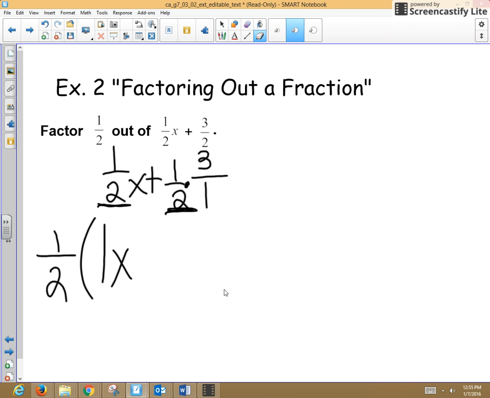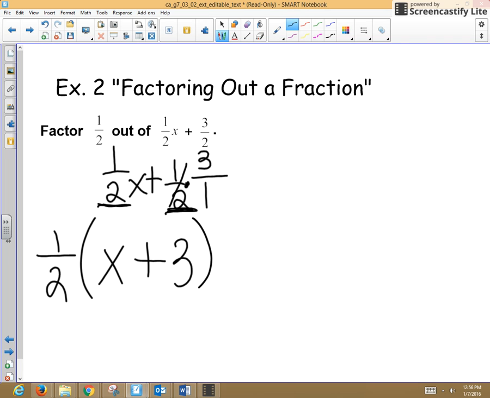Remember, I don't need to show invisible 1, so I'm just going to show this as x. Plus, keep the same sign. Now, 1/2 goes into 1/2 exactly 1 time. And then if they go evenly, it's like they cross cancel, and all I'm left with is 3.